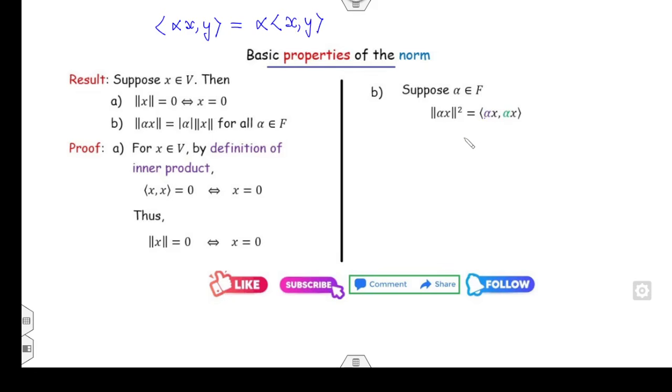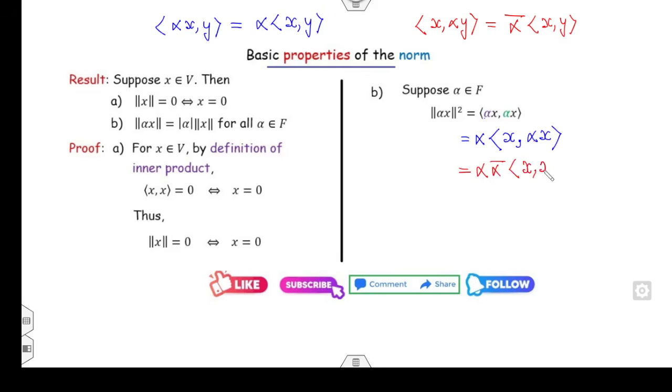So here alpha comes outside, x comma alpha x. What is the property of the second argument? x comma alpha y will be alpha bar outside of x comma y. Now you can use this. We take this alpha outside.